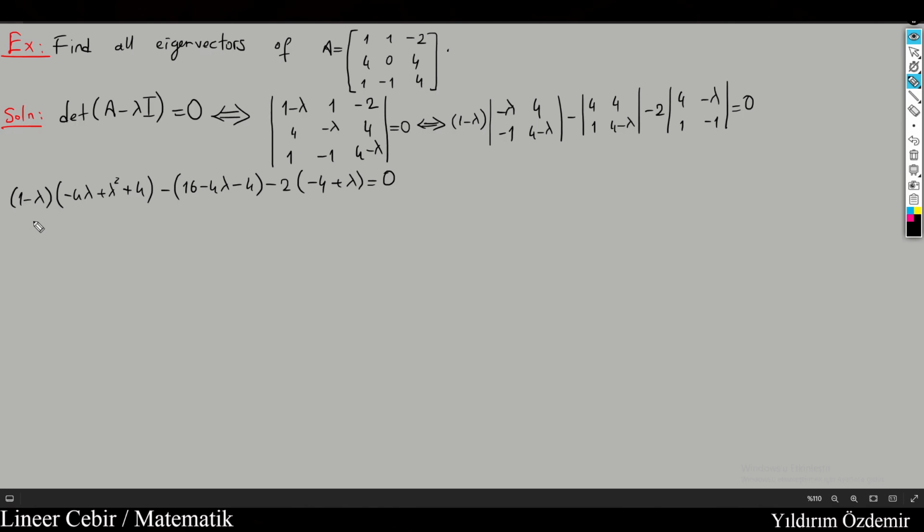Let's open all parentheses here: lambda cubed, and it is minus lambda cubed, and plus 4 lambda squared and minus 4 lambda, and plus lambda squared minus 4 lambda plus 4, plus 4 lambda minus 12 plus 8 minus 2 lambda is equal to 0.